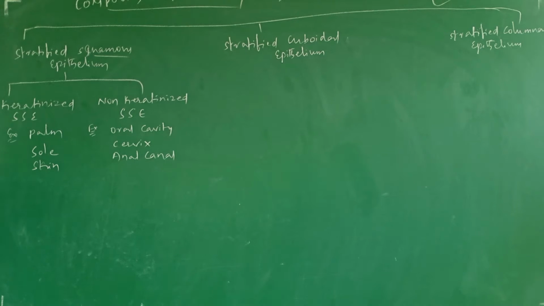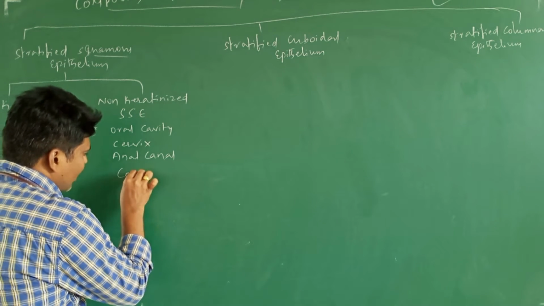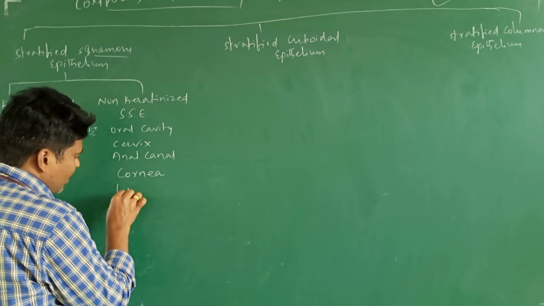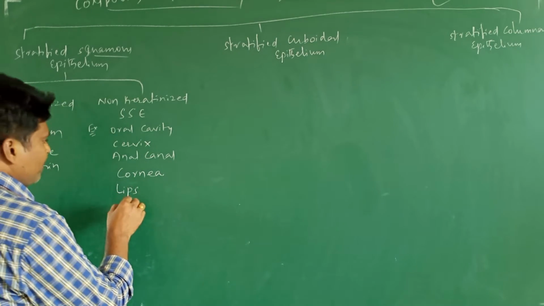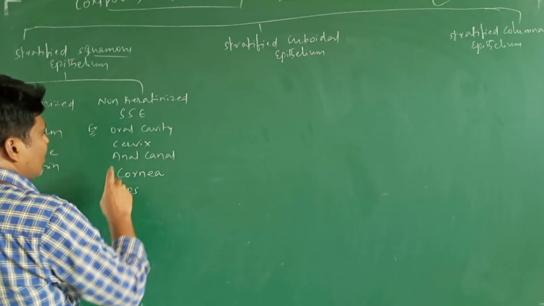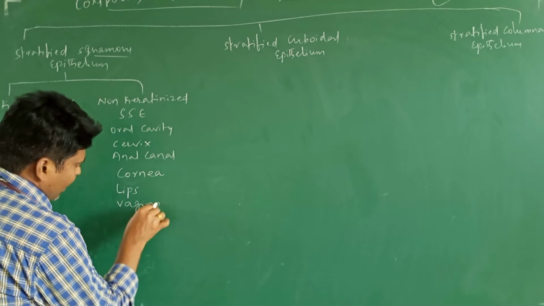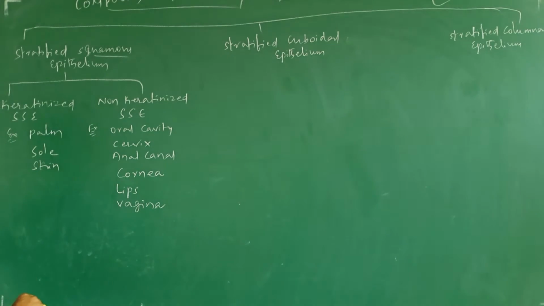And next cornea, the transparent portion of the eye, lips, the mouth vestibule, and the vagina, the birth canal of the female reproductive system.